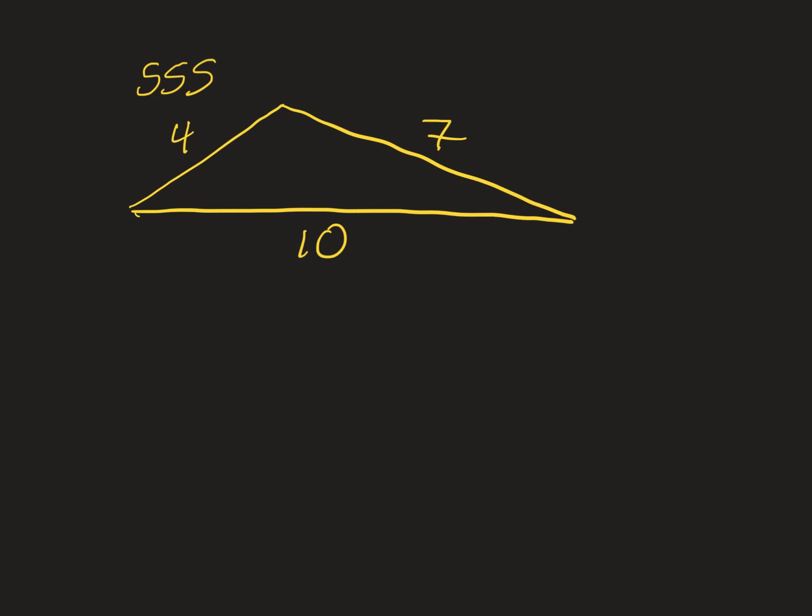Are 10, 4, and 7, okay? Those are the given sides. Now, what we want is the height. But now notice, we do not have a given angle, okay? So that does cause us a few problems. Now, there are a couple of ways to do this. You could do algebra with two variables and two equations.